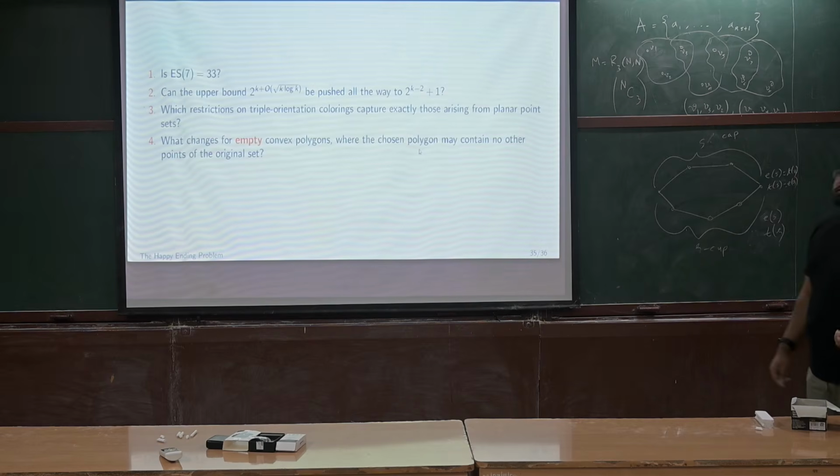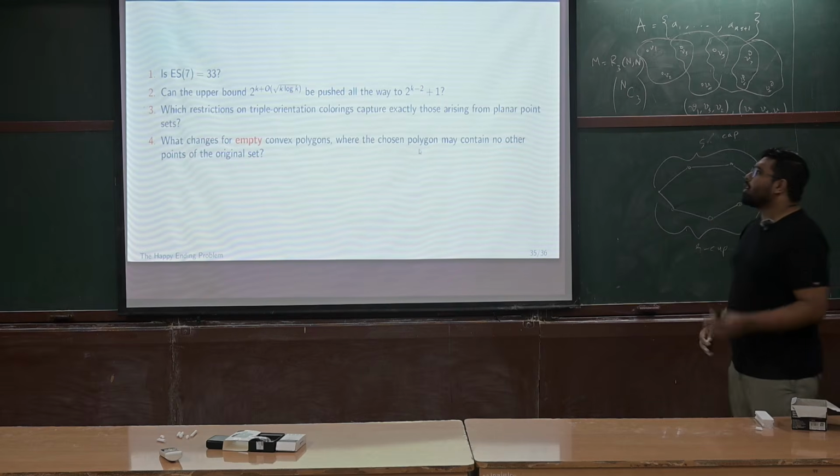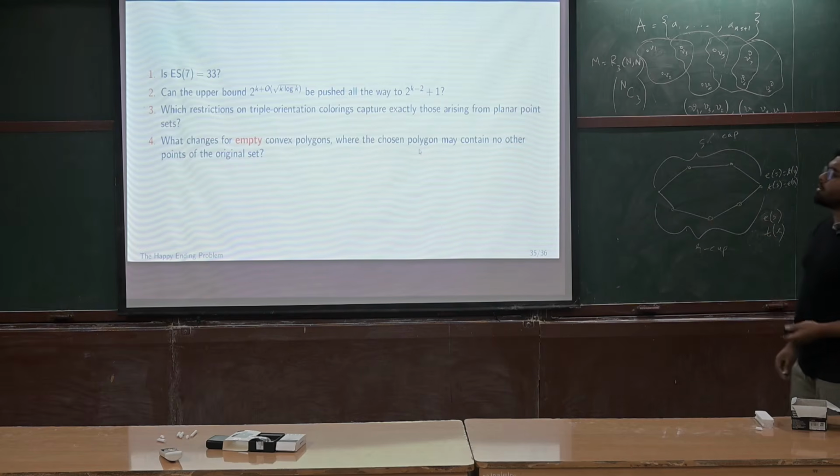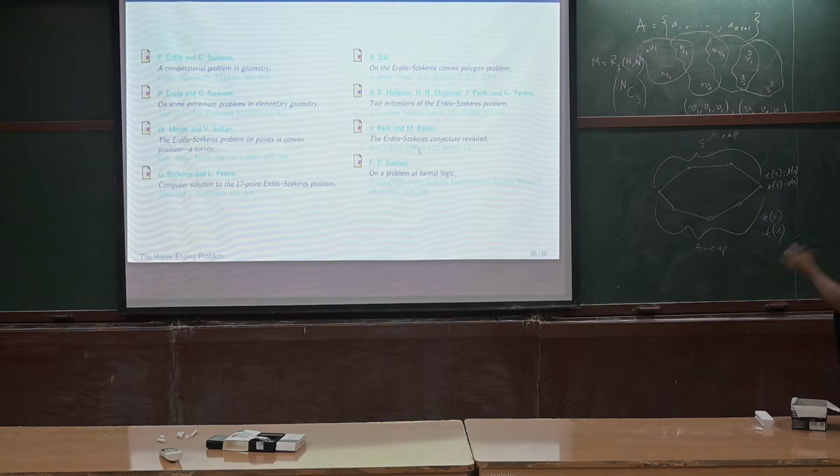And then I would ideally assume, since you all are in BMath, that you'll be going on for research in further years. So maybe if you get interested in graph theory or combinatorics, these are some hot research questions that have been asked in this particular topic. I'll share the slides and you can look at them there.